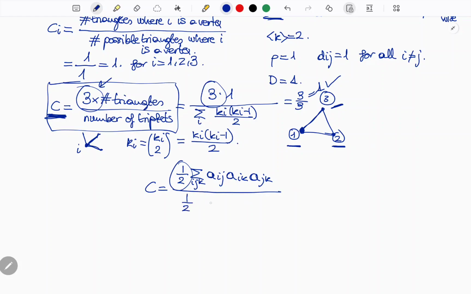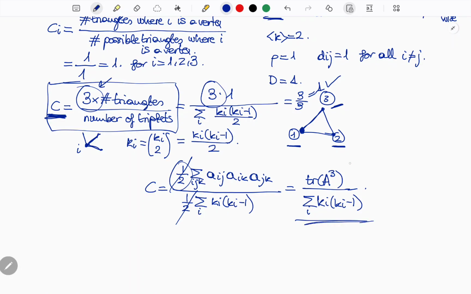Divided by 1/2 over this summation also, okay? So in the end, these two cancel out, and what I find is the trace of A to the power of 3 divided by this thing over here. So the formula is not right in the notes. I will correct it and upload them, okay? So that's what I'm going to do this week, okay? And this is the formula that you should use if you want to do it with a computer. If not, just count the number of triangles and the number of triplets.